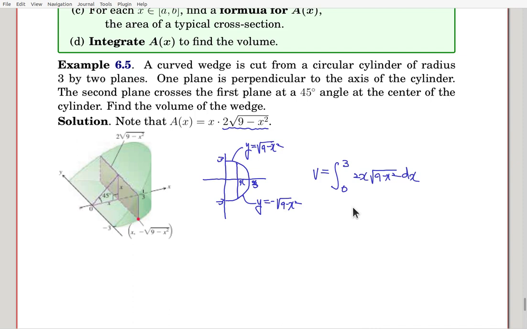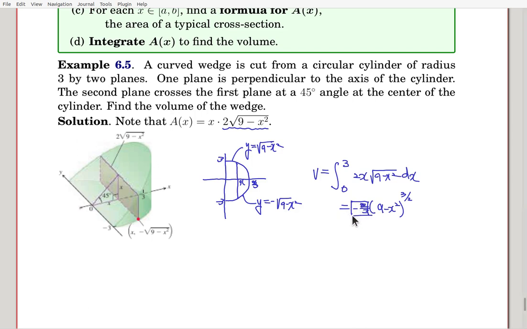And of course you can get this one quite easily. It is 9 minus x squared to the power 3 over 2, along with a coefficient here. You have to decide this coefficient. If you take the derivative of that term, then 3 over 2 will come out, and minus 2x will come out, so you have to put minus 2 over 3.